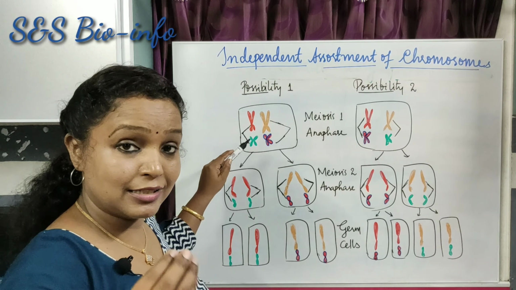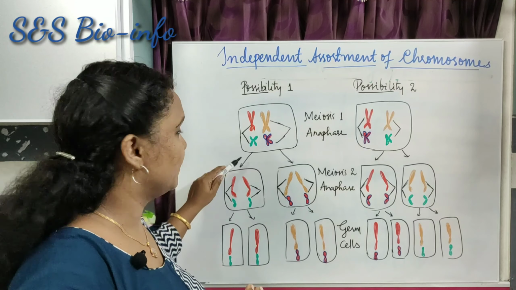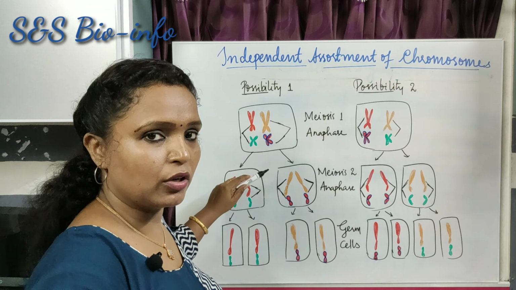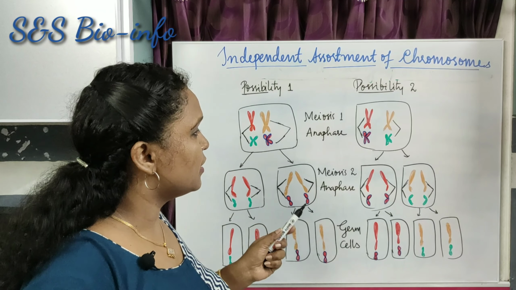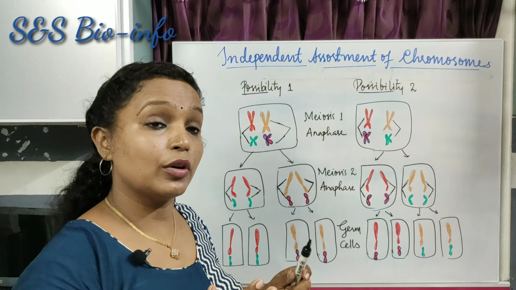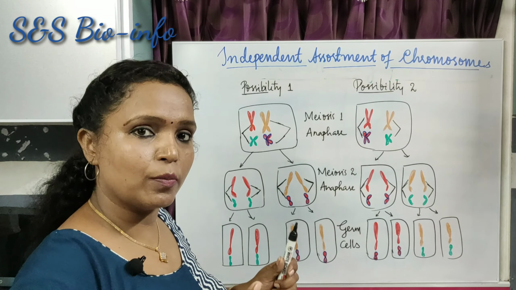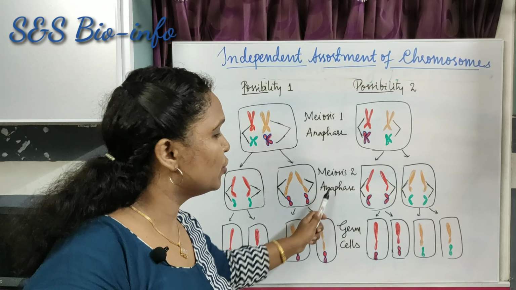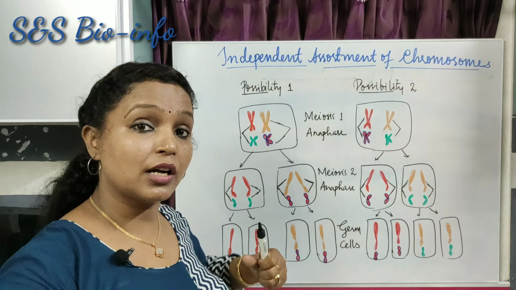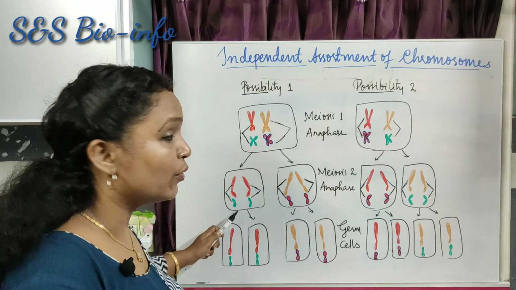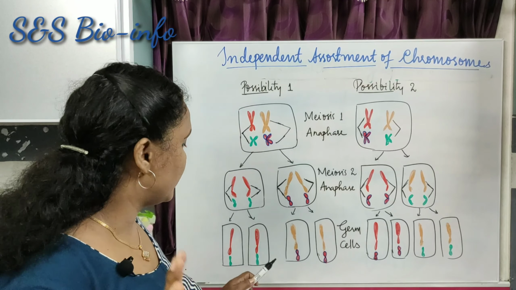Let us discuss possibility 1. 2 pairs of homologous chromosomes. In anaphase 1, what happens? The segregation of homologous pairs of chromosomes to opposite poles. Then in meiosis 2, what happens? Segregation of chromatids towards the poles, which results in the formation of 4 haploid germ cells.